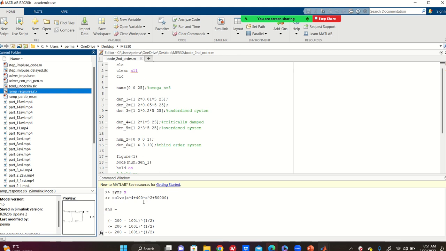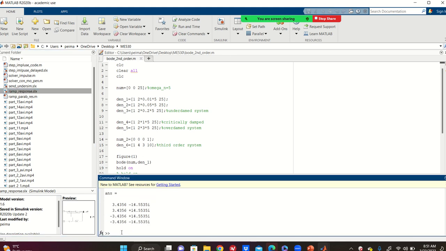Solve and solve it. For example, if you have such a system, you have, I don't know, 10 masses, so you're gonna have S to the 20 plus 5,000 S to the 10 plus 200,000. These are just numbers.